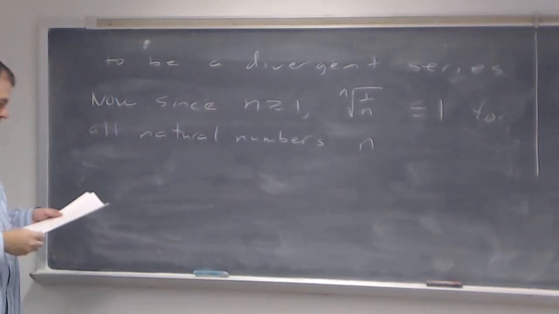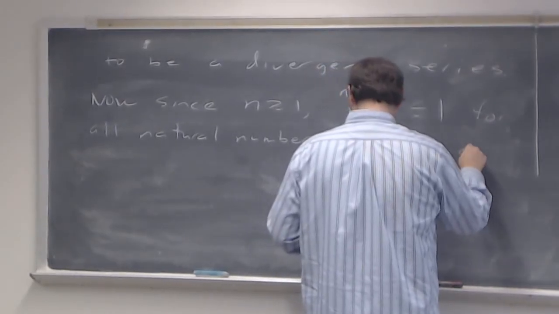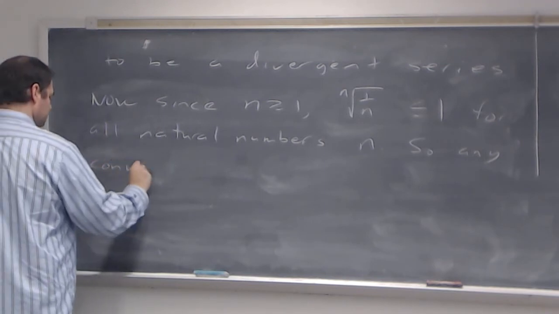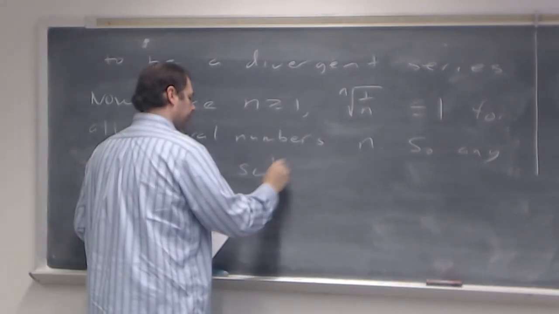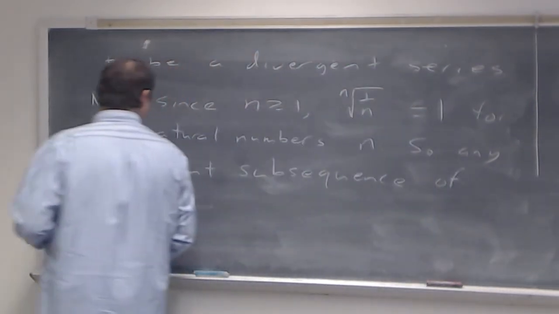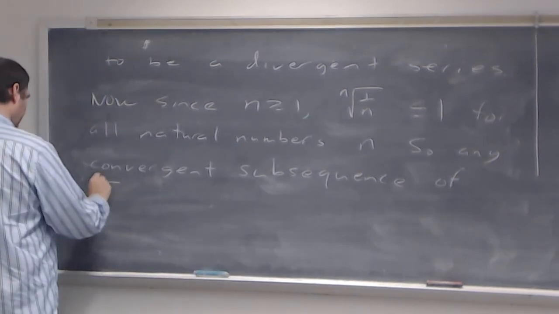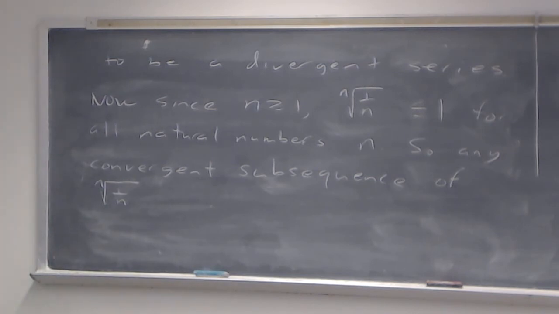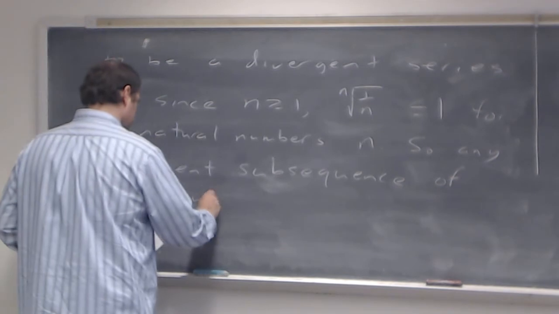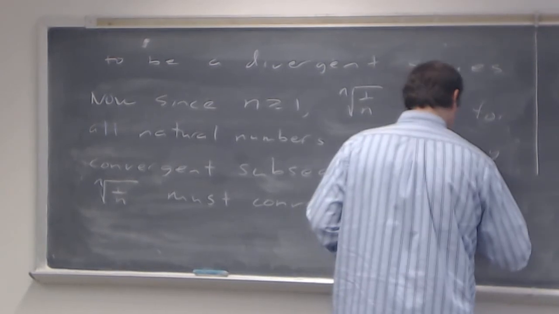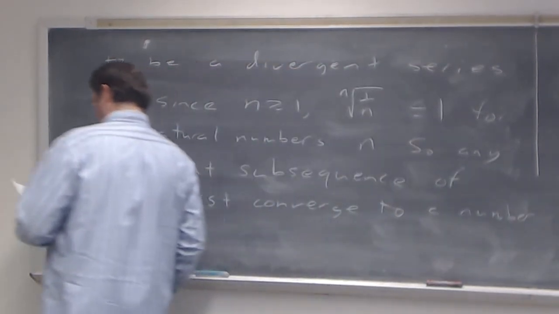Okay. So, any convergent subsequences of the nth root of 1 over n must converge to a number less than or equal to 1.